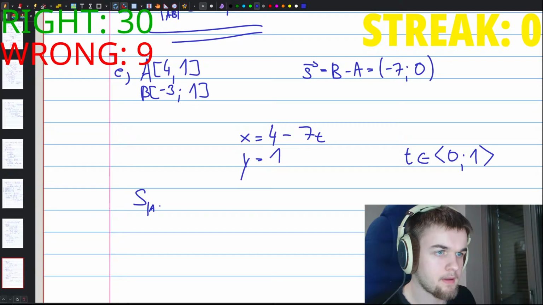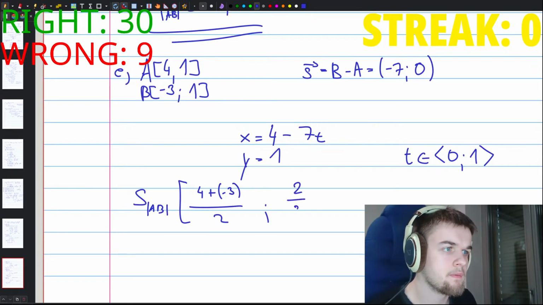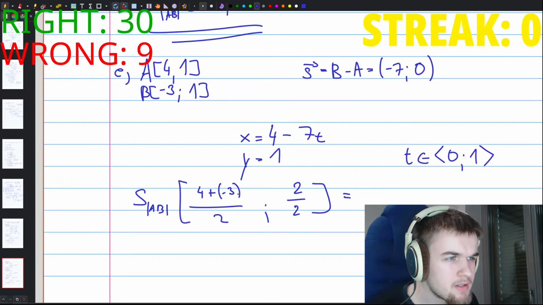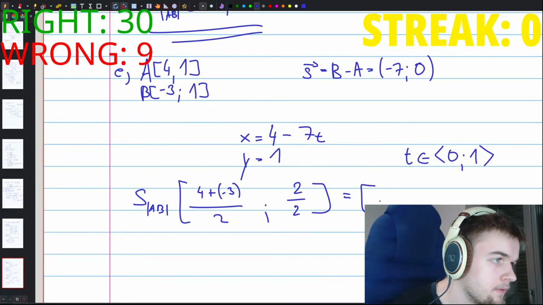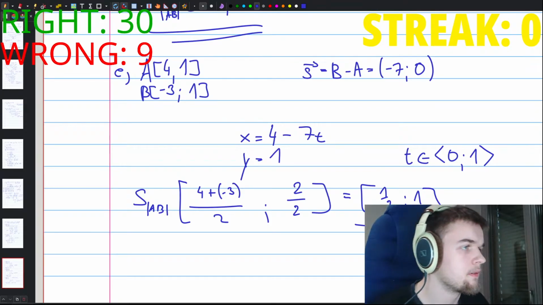Oh, I forgot about the center point. So the center point of A, B is 4 minus 3 over 2 and 2 over 2, which yields 1/2 and 1. 1/2, 1.